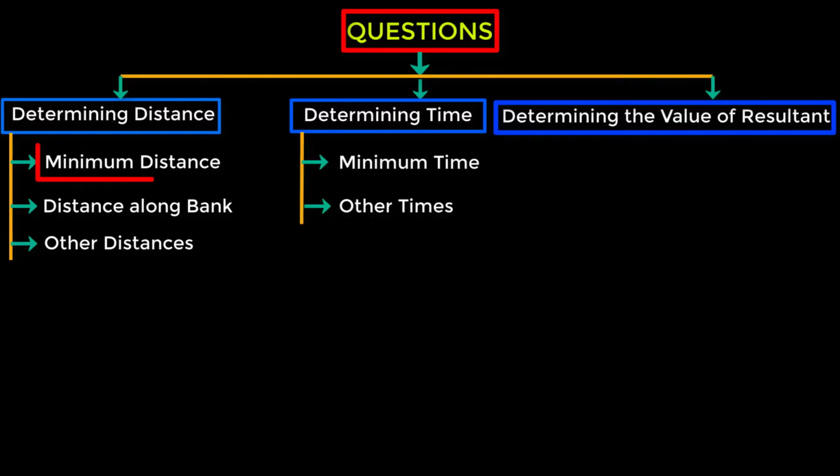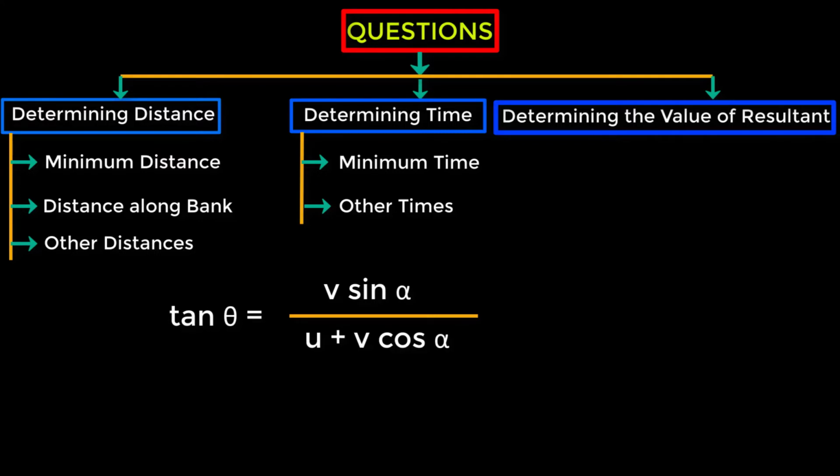We can solve this type of math in different ways by applying different formulas. But among them, the easiest formula is tan theta equals v sin alpha over u plus v cos alpha. Actually, to cross the river at minimum distance, the boatman should row his boat at an alpha angle with respect to the velocity of water current.